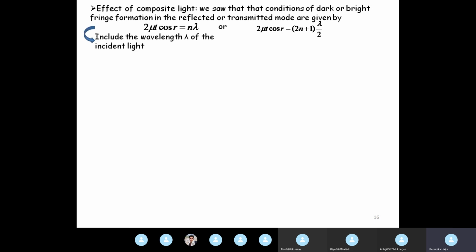So we see that they include the wavelength of the incident light. Now this doesn't pose a problem when the incident light is monochromatic, because then lambda has a single value. But if it is polychromatic, then the condition of brightness or darkness will be satisfied by a particular lambda at one point at a time.